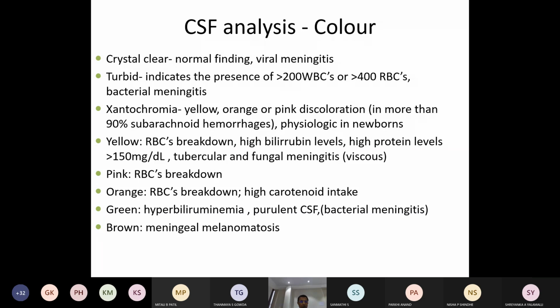Pink and orange come from RBC breakdown, with orange also from high carotenoid intake. Green is seen in hyperbilirubinemia and virulent bacterial infections. Brown sometimes occurs in meningeal melanomatosis.